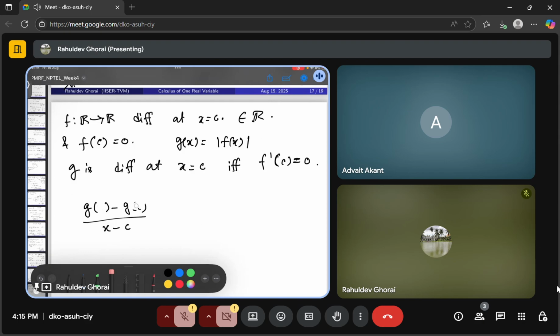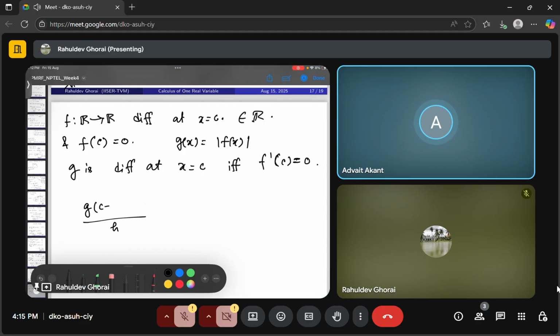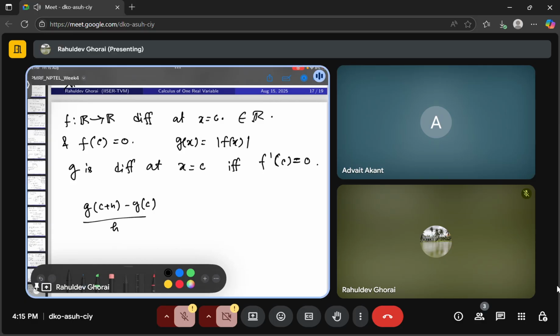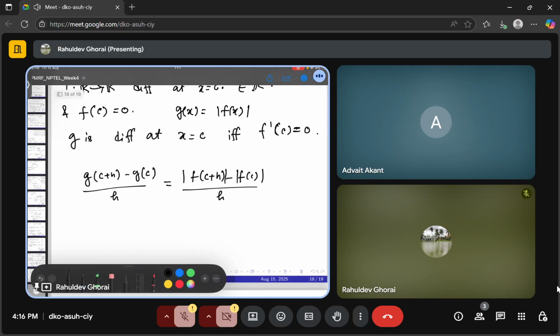So take c plus h, say the absolute value of f of c plus h. This is mod, the whole thing.